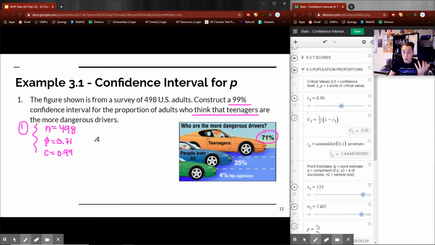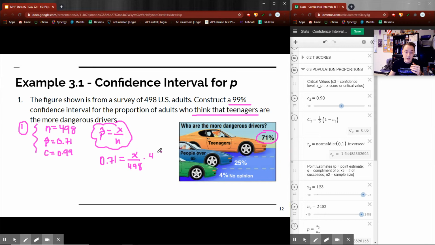And then we will go as follows. Now watch. If I use my p-hat formula, x over n, I don't know what x is. It doesn't matter. I can type in 0.71 for my p-hat equals x over my n, which is 498.